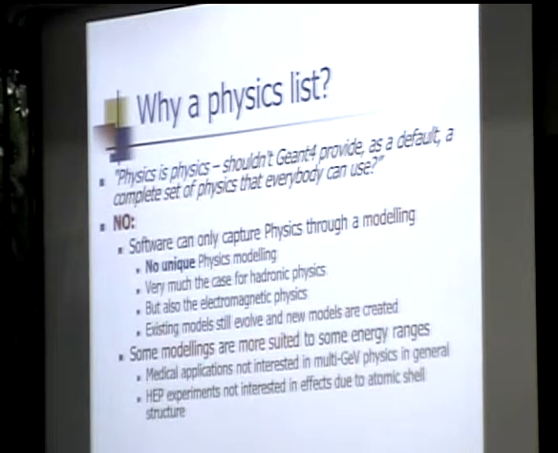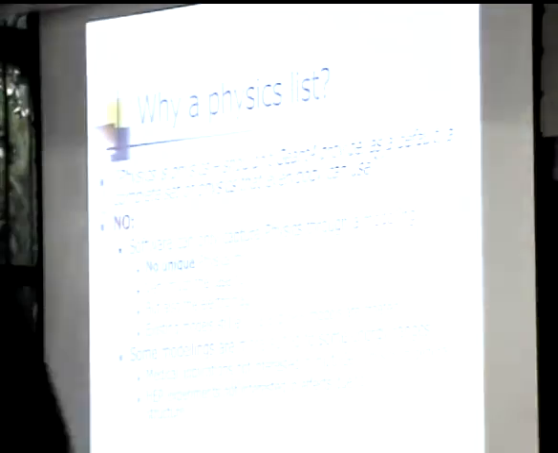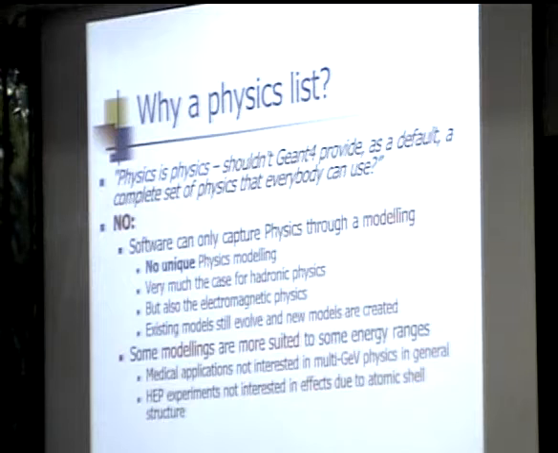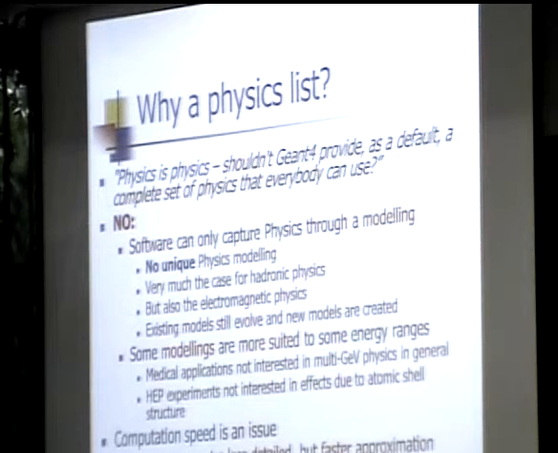There are many models which describe the physics, and the models are usually not applicable to the entire energy range. You may have models that are more precise, less precise, better tailored to pions instead of kaons. That's especially true for the hadronic physics, but it's still the case for the electromagnetic physics too.